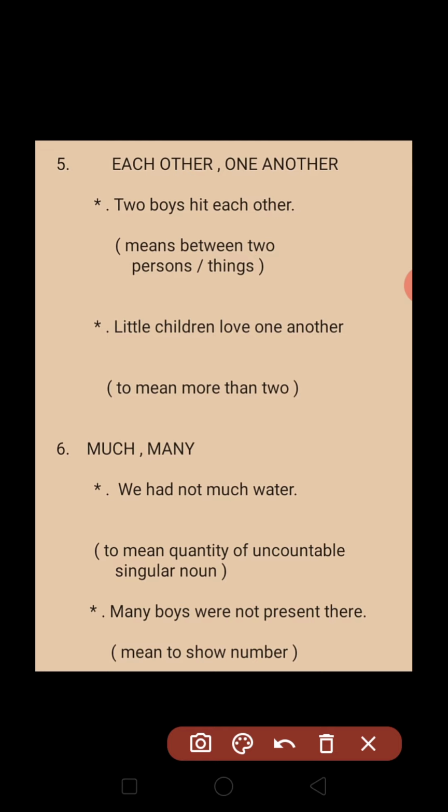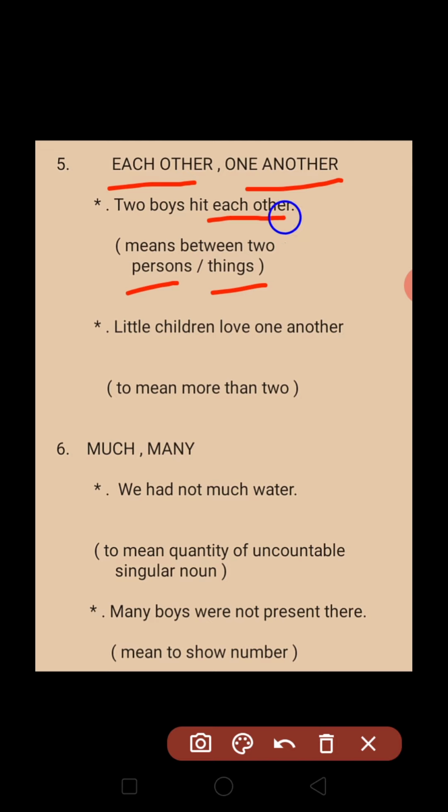Next important matter is each other and one another. Two boys hit each other. It means the action was being transferred between two persons, or it may also be two things. Then we use the term each other.